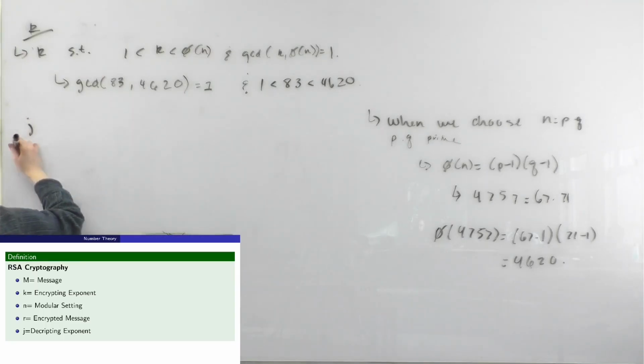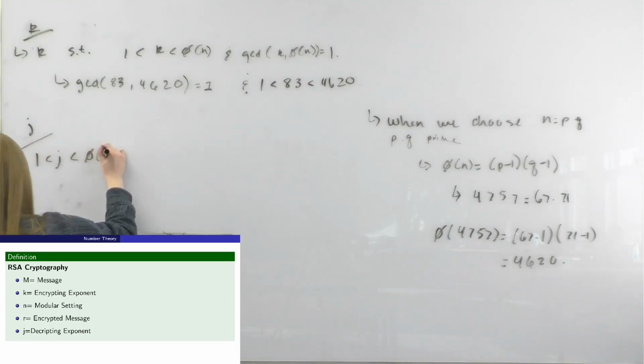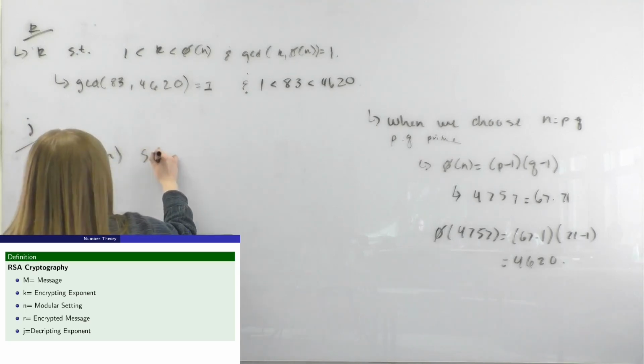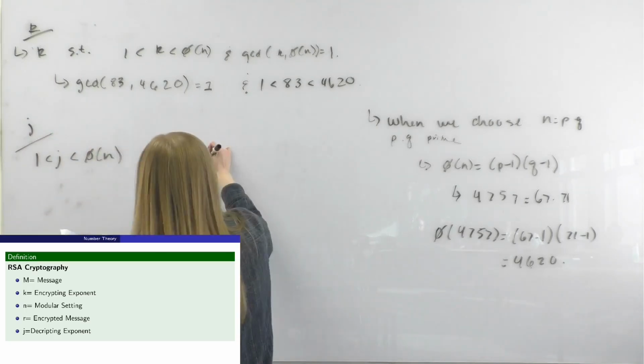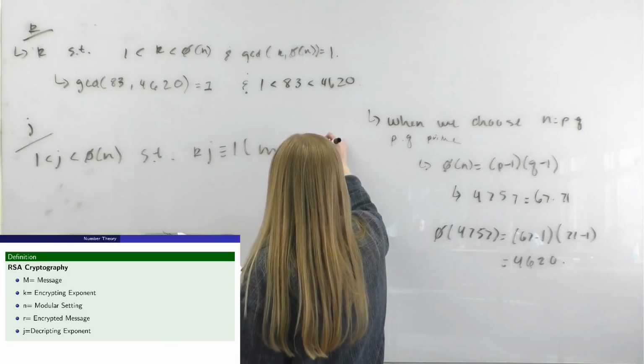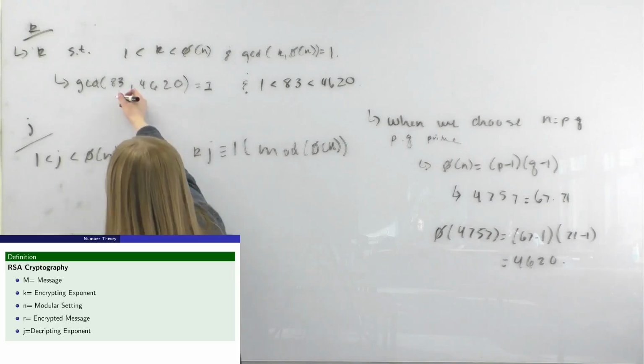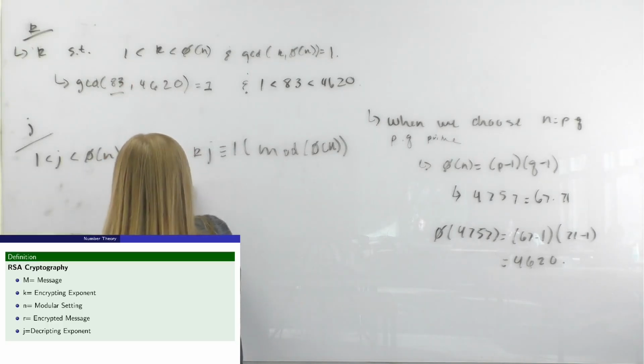Now let's talk a bit about j. Where do we get j from? We're going to pick j such that it's greater than 1 and less than phi of n, such that k times j is congruent to 1 mod phi of n. Okay, so we know k from our example is 83.